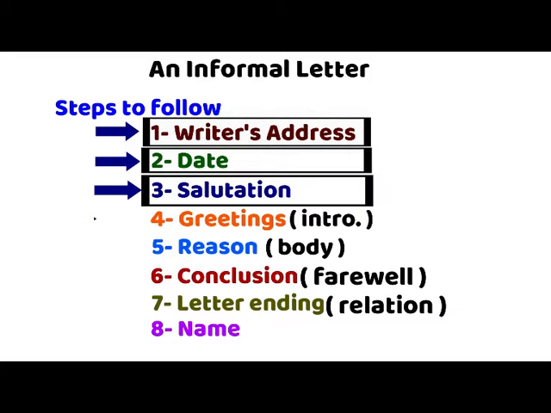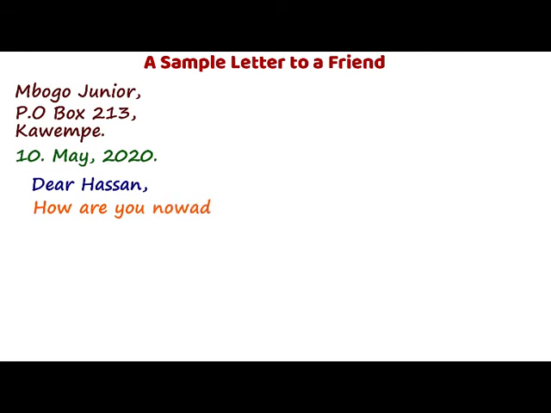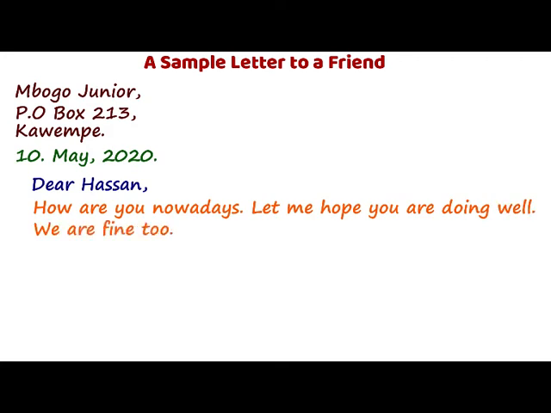Then we go to the introduction, the first paragraph of our letter. That is the greetings. How are you nowadays? Let me hope you are doing well. We are fine too. I am reading hard for my PLE. That is our introductory paragraph. Remember, when we write letters, we should punctuate and have orderly writings.